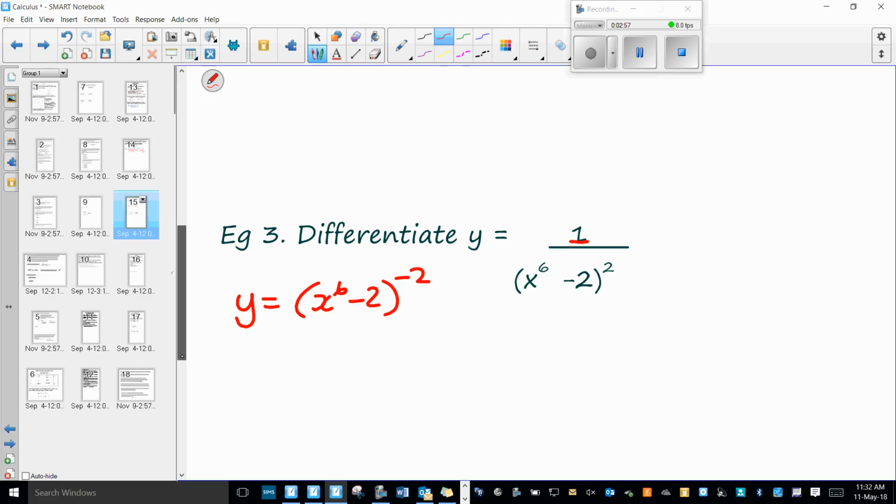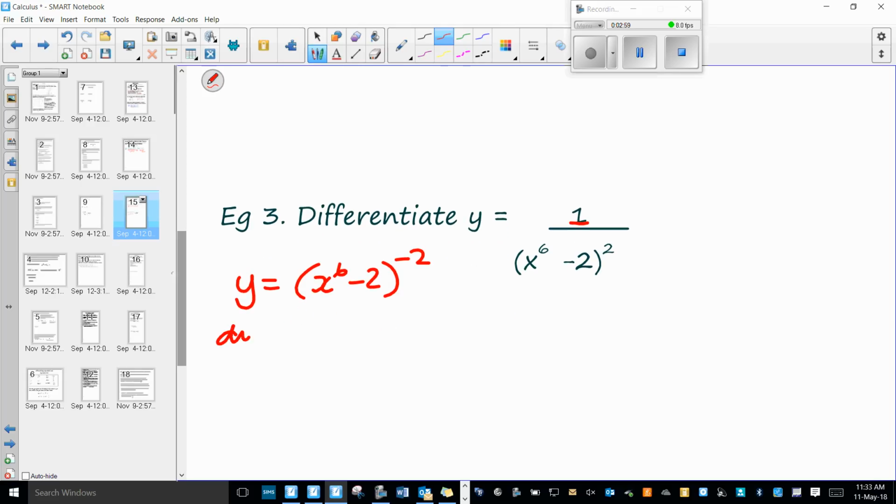So dy/dx, my power is negative, so you've got to have negative 2. Remember, taking 1 off makes it more negative. And then you're going to multiply that by the derivative of what's in the bracket, which is 6x to the 5.